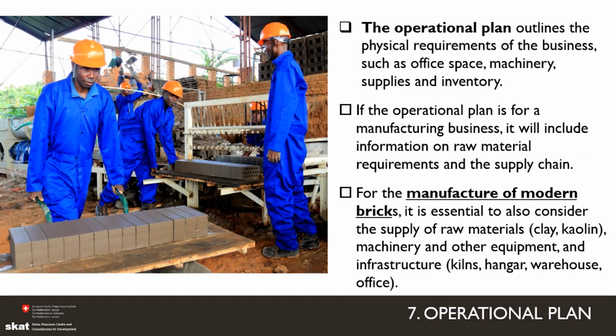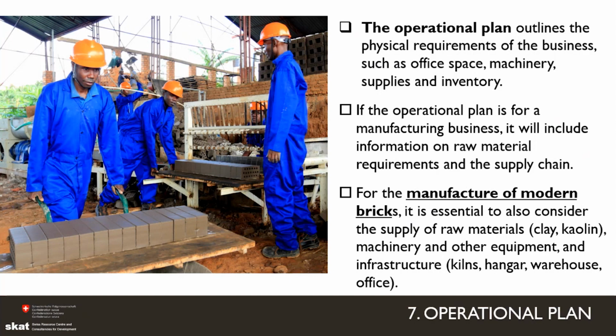The operational plan is where you outline all the physical requirements of a business. So in order to operate my business, for instance this brick business, what do I need? First of all I may need an office. I may need machines. I may need a hangar. I may need a kiln, like I have stated before.